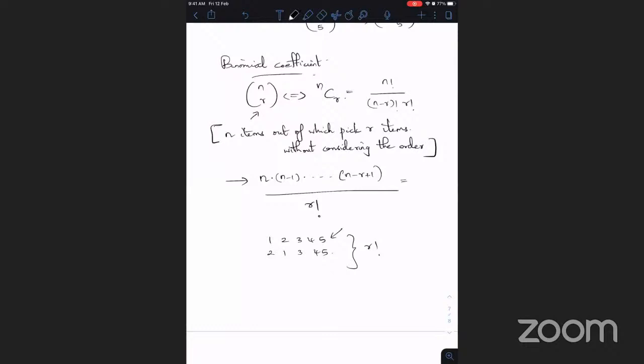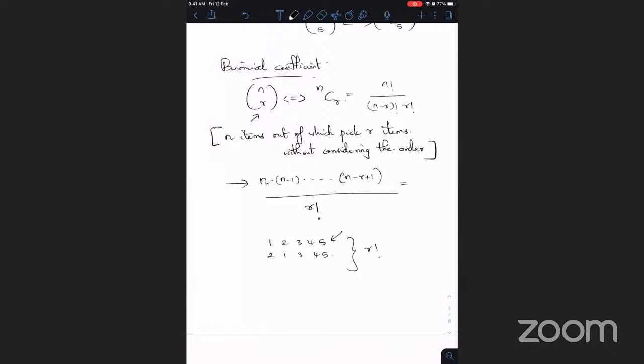Okay, so now we just need to see how this becomes the formula that I've written above. The numerator can be written as n factorial divided by (n minus r) factorial, and the r factorial from the denominator just stays.